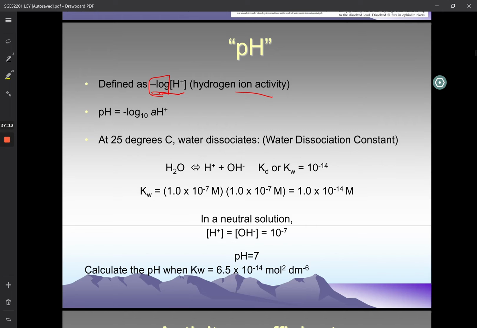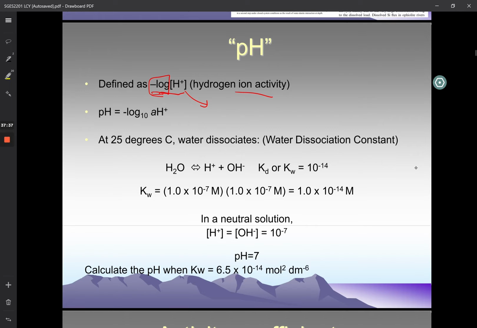It is because the concentration of hydrogen ions in any solution is always very small.